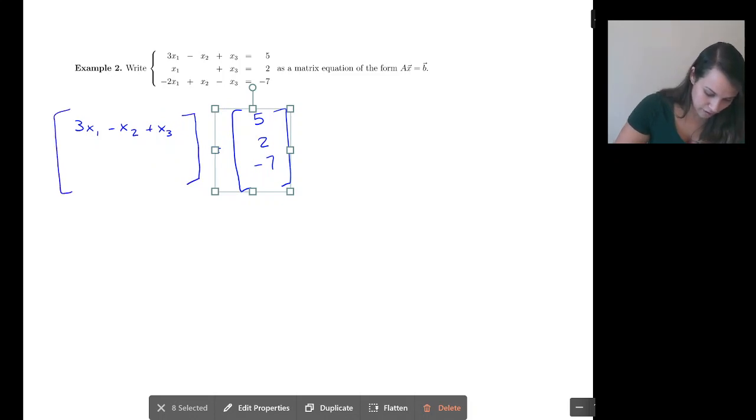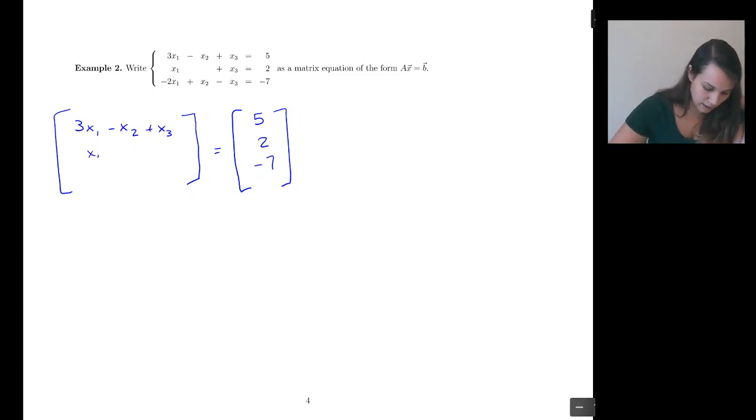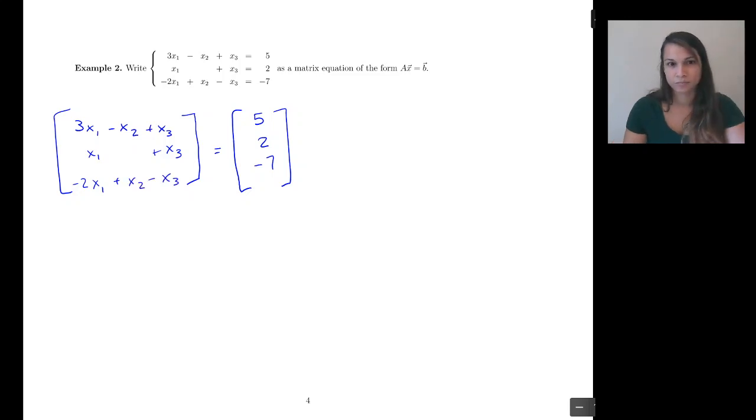So the first entry of this vector has to be equal to the first entry of our other vector. And then we can say x1 plus x3 is going to have to be equal to 2, so that is our second entry. Then we have negative 2x1 plus x2 minus x3 will be equal to 7.